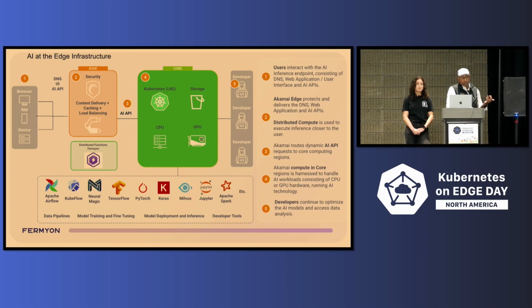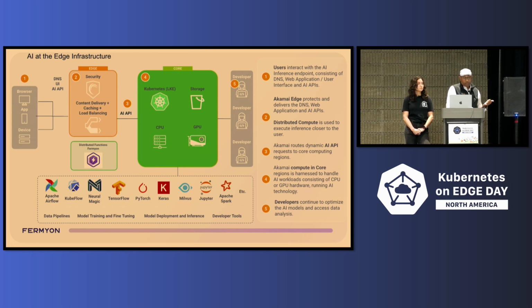Step 4, for heavier workloads, full execution can happen at GPU, training, and traffic routes back to Akamai core regions, where LKE orchestrates what's needed for those pipelines. In step 5, developers then continue analyzing from the core, but the live latency critical execution happens at the edge. So this is a full stack AI fabric, inference near the user, orchestration in the core, one continuous data plane, and you can use any model you want.